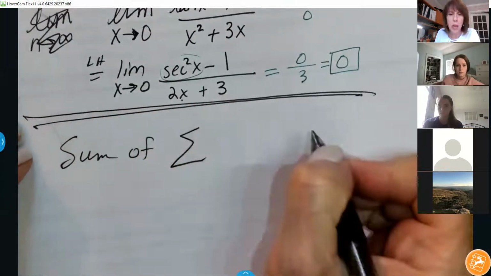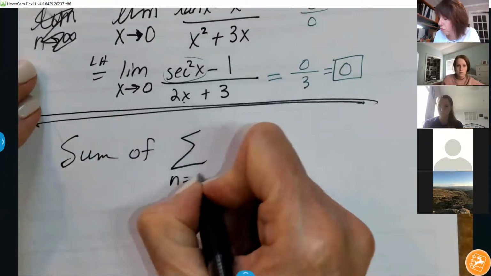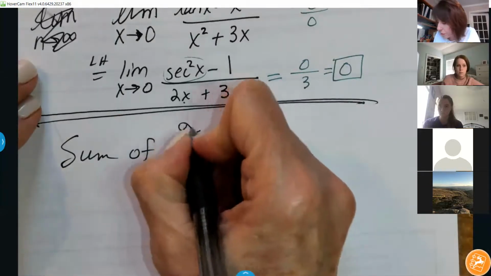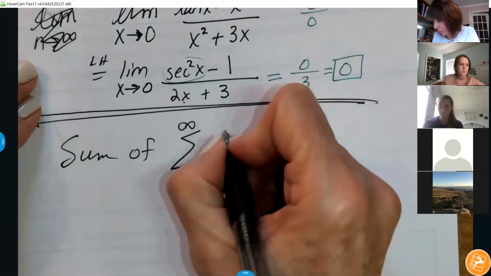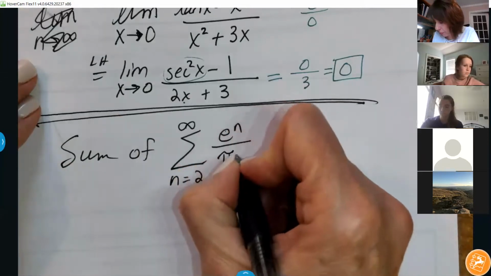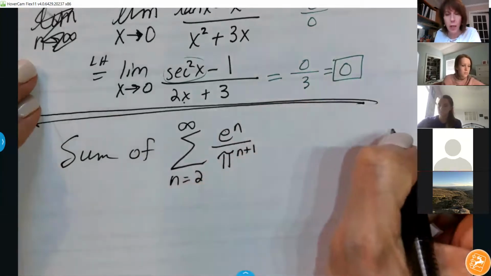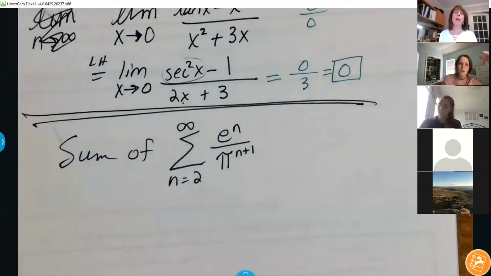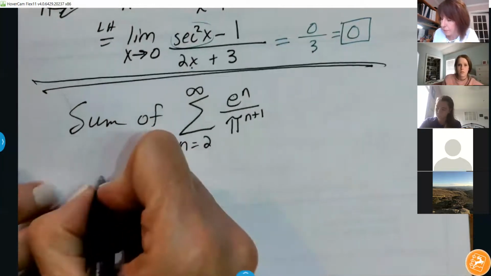What is the sum of that series? How do we find the sum? Would it be A over 1 minus R?